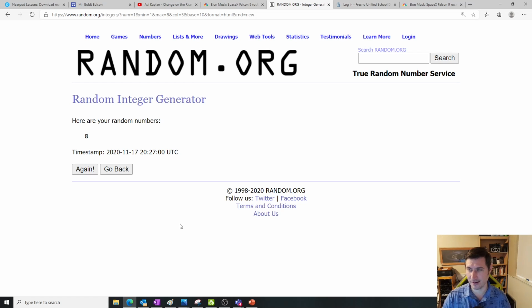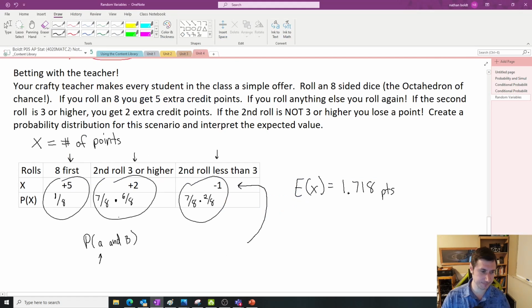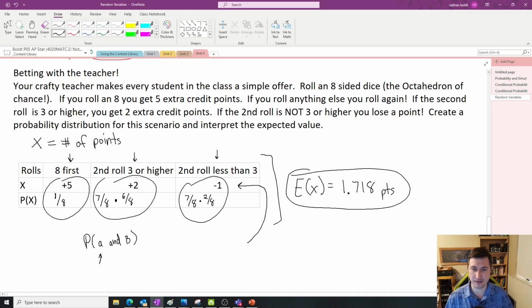All right. It's lunchtime. So, what should you be able to do right now? All right, make a probability distribution. Interpret what those mean. And then find the expected value and interpret what that means.